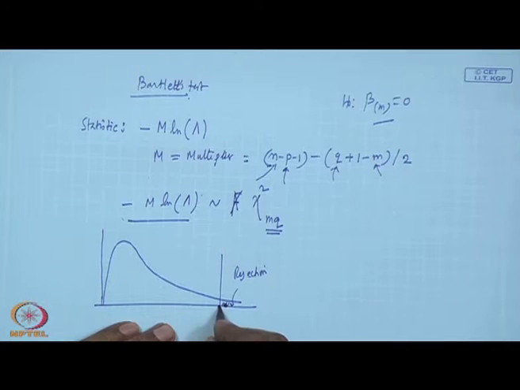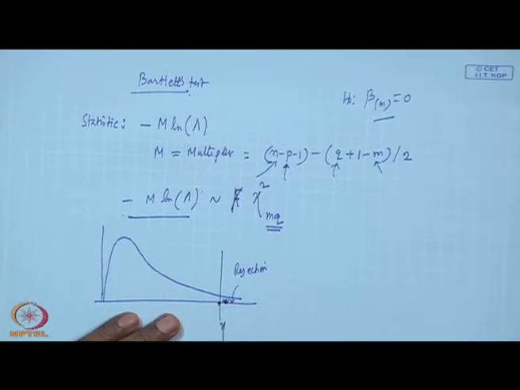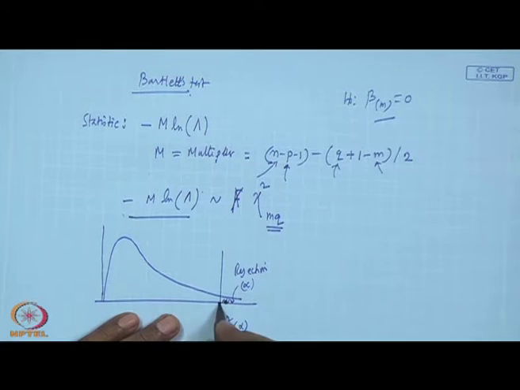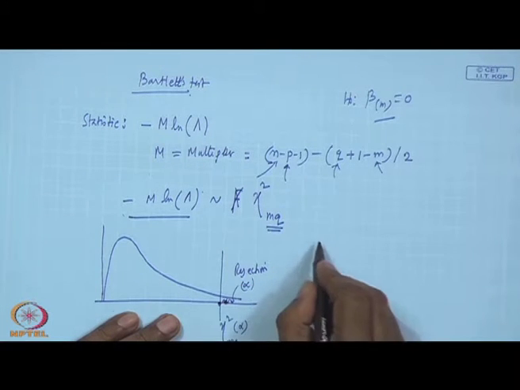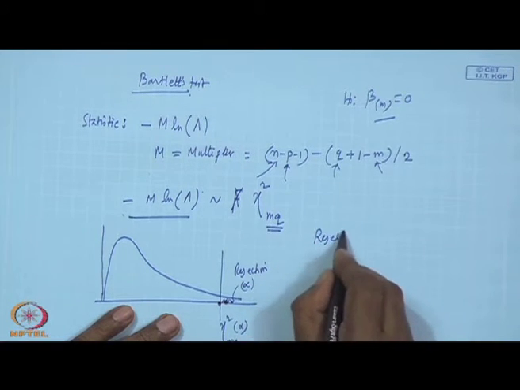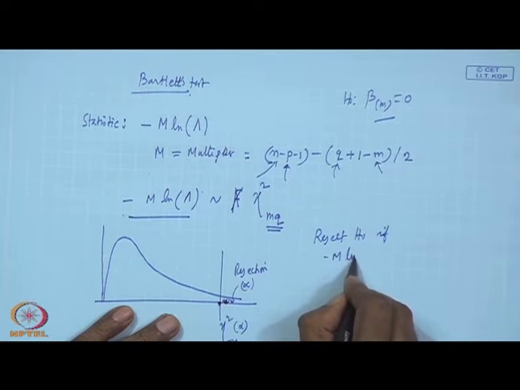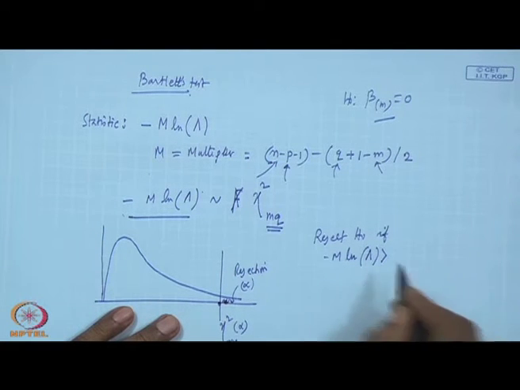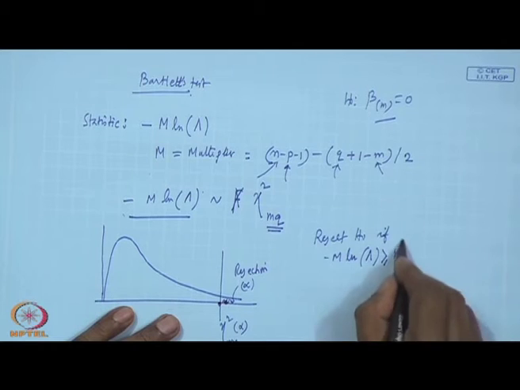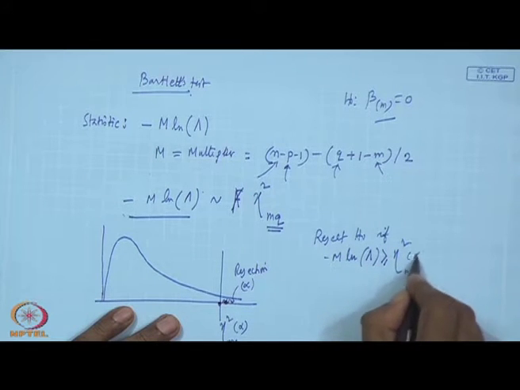So, at this point, if I say this is alpha, then chi-square mq alpha is your critical value. Now, you will reject H0 if minus m log lambda is greater than or equal to chi-square mq alpha.